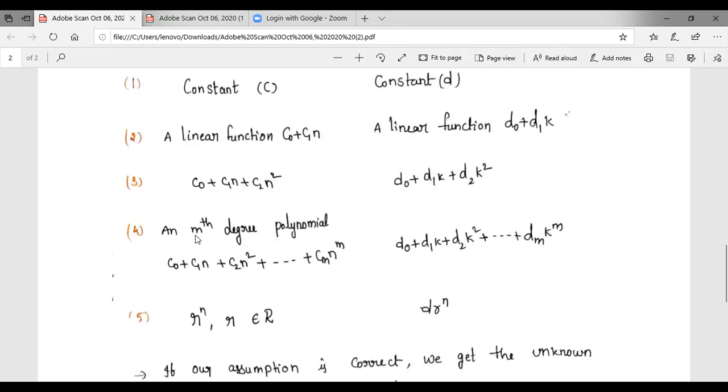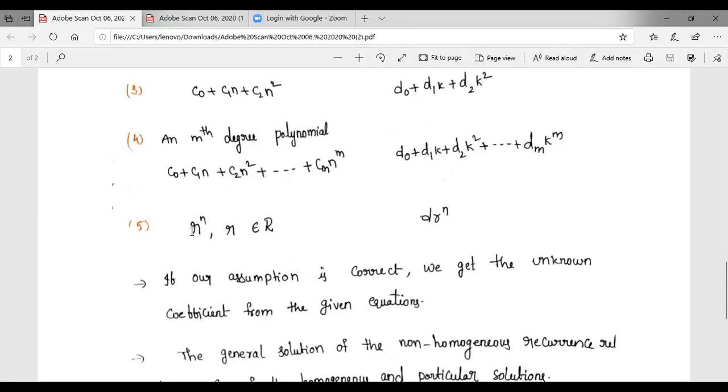In another case, if the RHS term is of the form r to the power n, where r is a real number, like 2 to the power n, 3 to the power n, 4 to the power n, then the particular solution is D r to the power n.